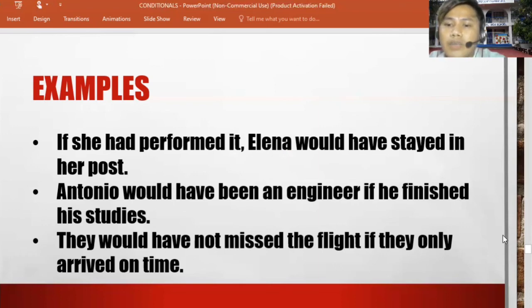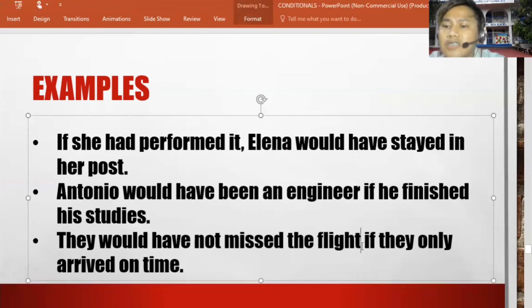And lastly, they would not have missed the flight if they had only arrived on time. Does the sentence follow the structure? Yes, of course, because the main clause comes first: they would have not missed the flight. We have would have plus the past participle missed, and in the if clause, the past perfect of arrive.